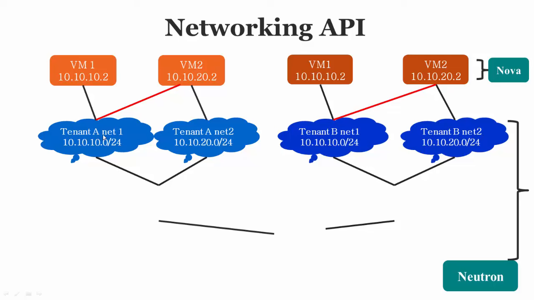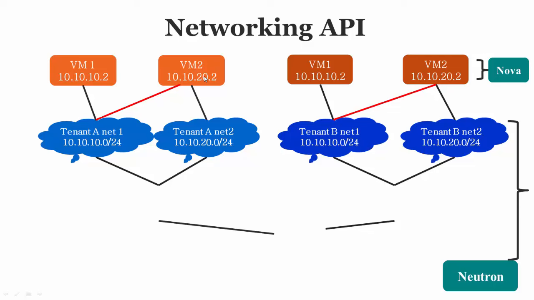For example, Tenant A net 1 is now using network address 10.10.10.0/24. Tenant A net 2 uses 10.10.20.0. Tenant B net 1 uses 10.10.10.1. In this case, Tenant B and Tenant A are using the same network address, but there is no problem because their network names are different from each other. So this is the concept of the tenant.